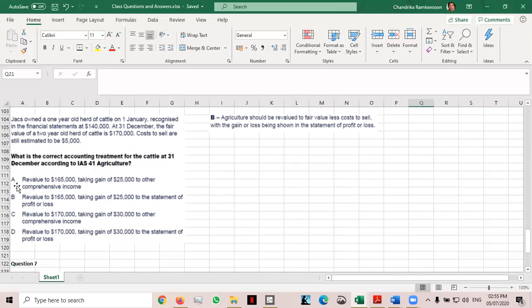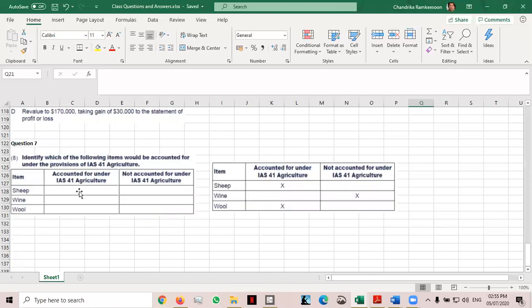So normally you'd consider, is it A or B? These two are out. And the difference here, of course, if it was an IAS 16, perhaps it would have gone to OCI. But since this is IAS 41, fair value less cost to sell, any gains must go to P&L. The answer is B. Agriculture should be revalued to fair value less cost to sell with the gain or loss shown in statement of P&L.